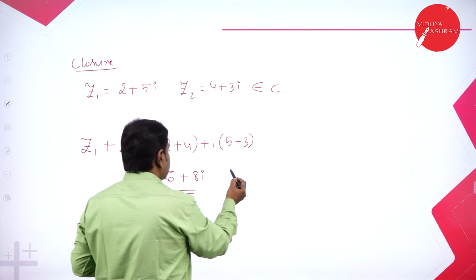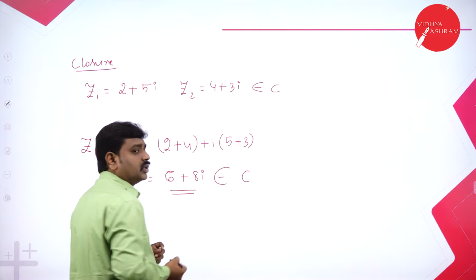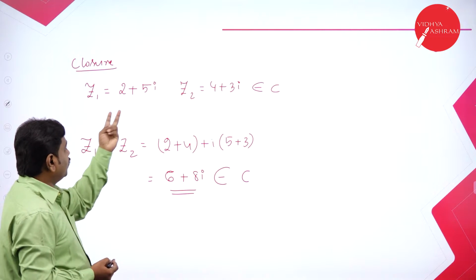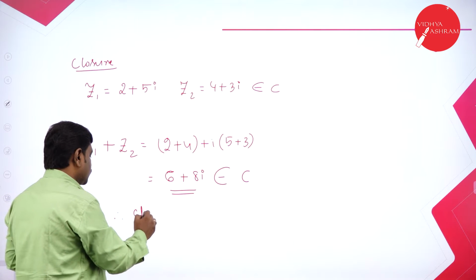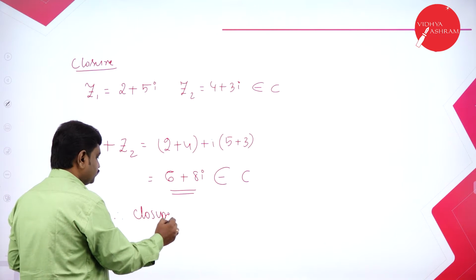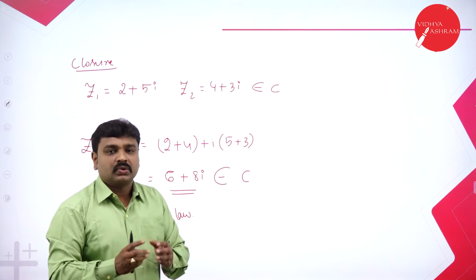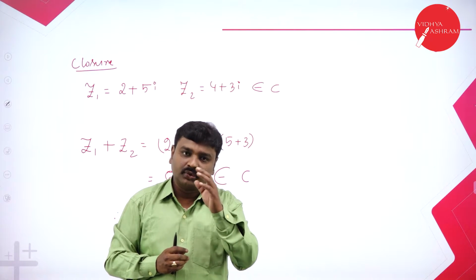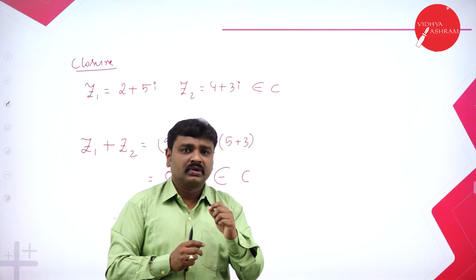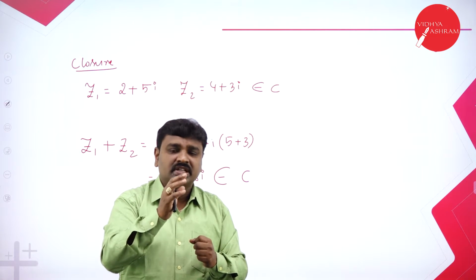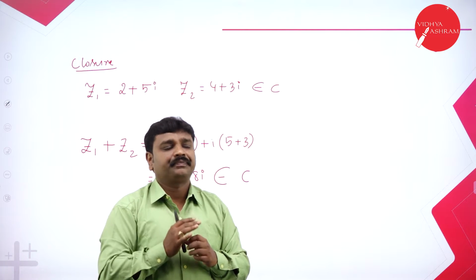So therefore this also belongs to complex numbers. So what is the conclusion? The sum of two complex numbers is a complex number. Therefore it obeys closure law. So now I have explained what closure law is: take two complex numbers and add them, and your final answer is also a complex number.